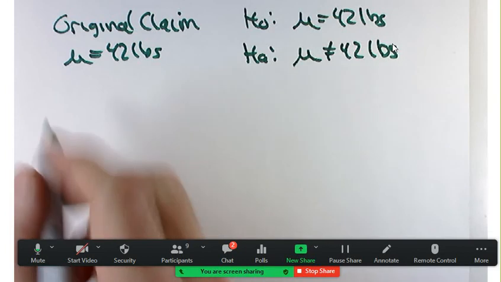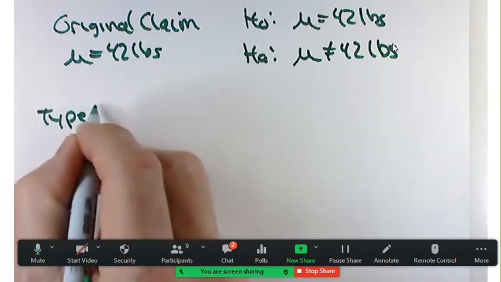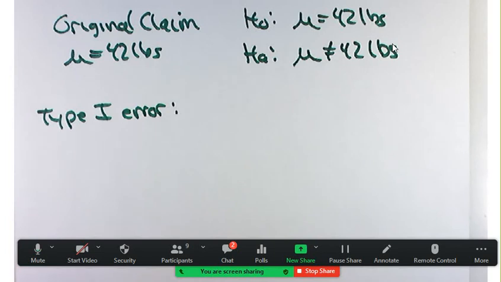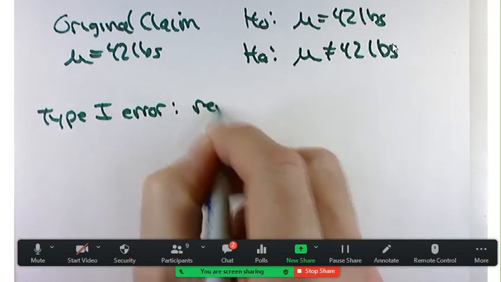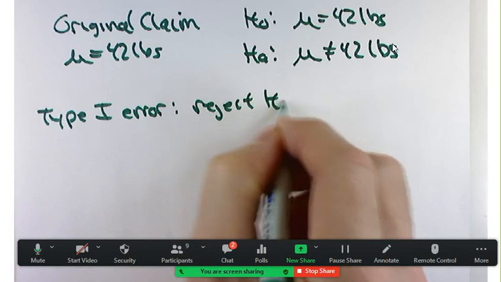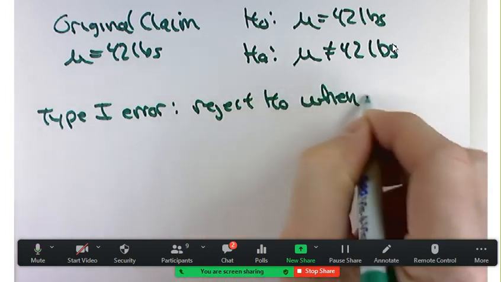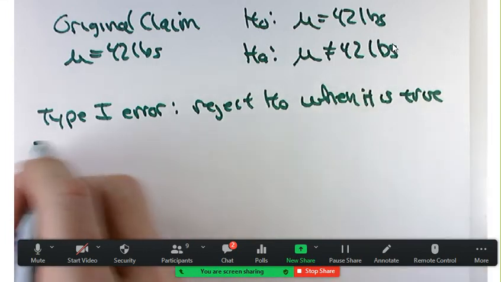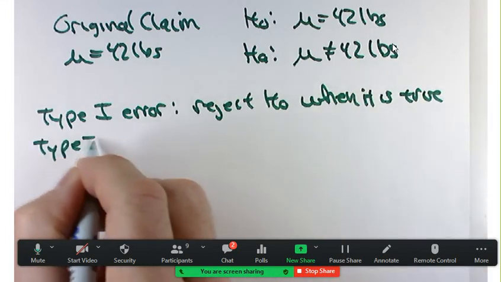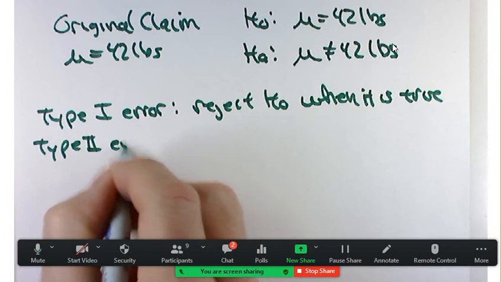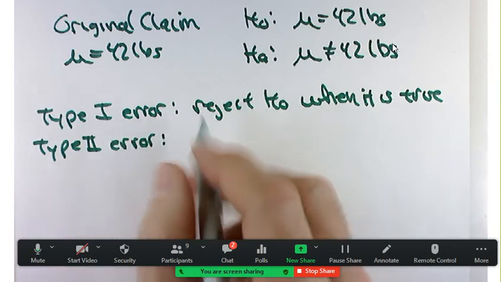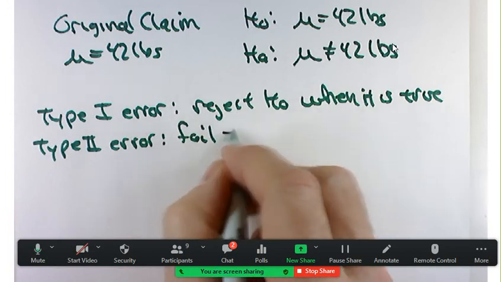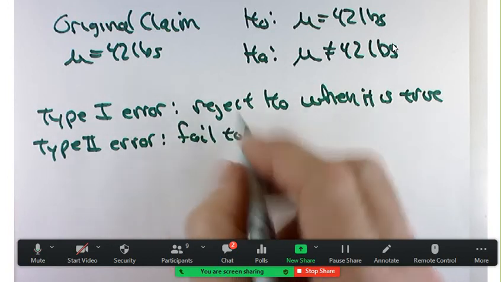So let's remind ourselves what a type 1 and a type 2 error are. Type 1 error is to reject H naught when it's true. Reject H naught when it is true. Now, I will give you these definitions on the exam. Do you remember why? Because I'm a nice guy. You missed a chance to get some extra credit there. All right.